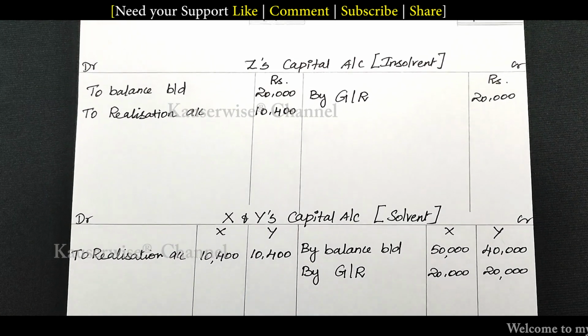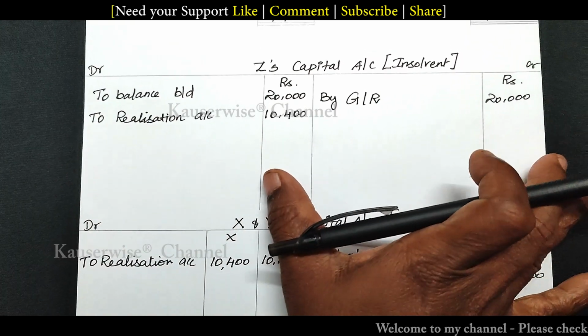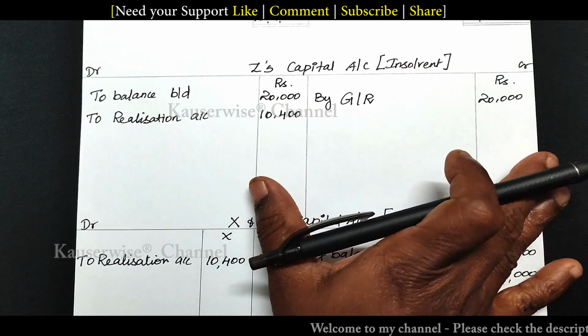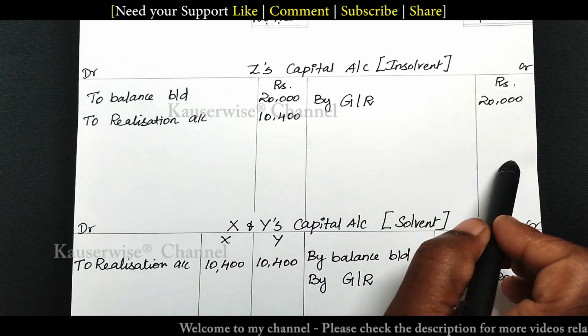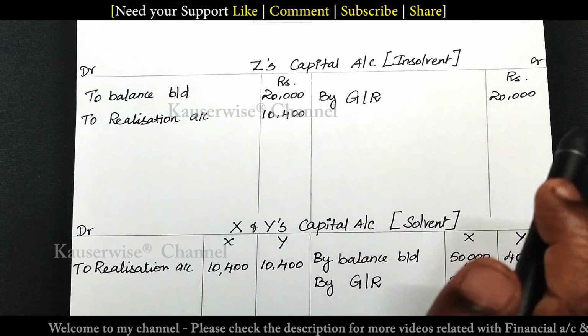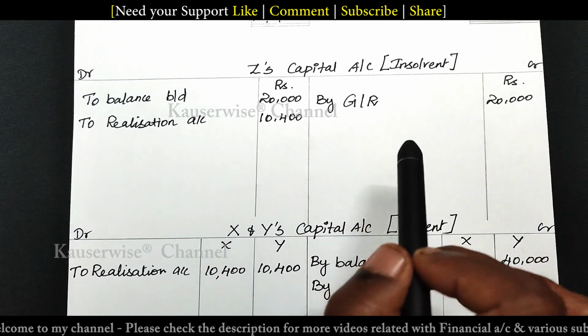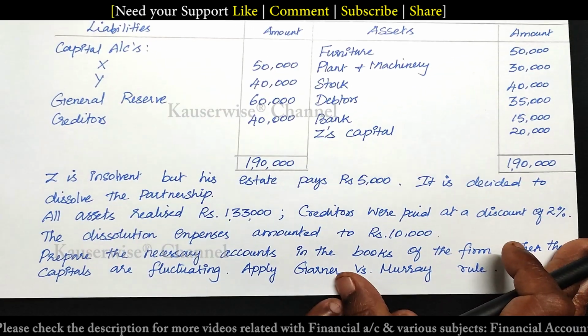Now first we need to close the insolvent partner's capital account. But before you close it, see whether any amount is contributed by the insolvent partner towards his loss. See the problem, see the adjustment.